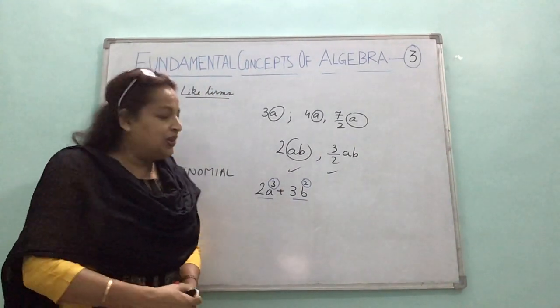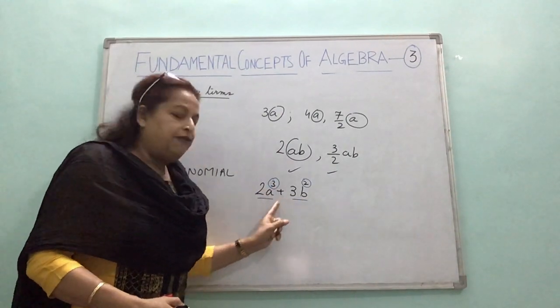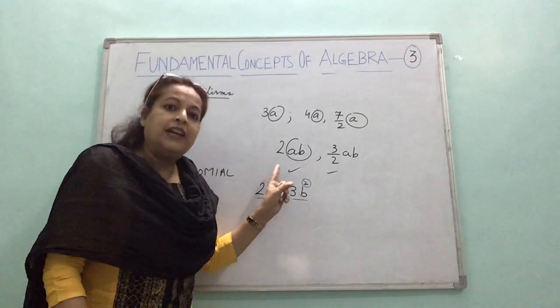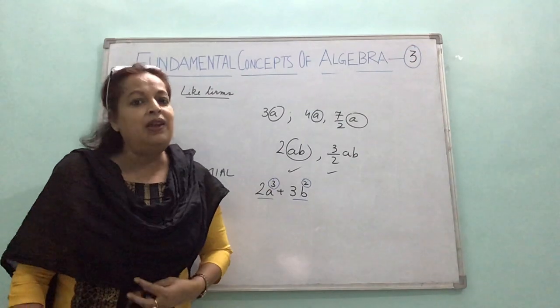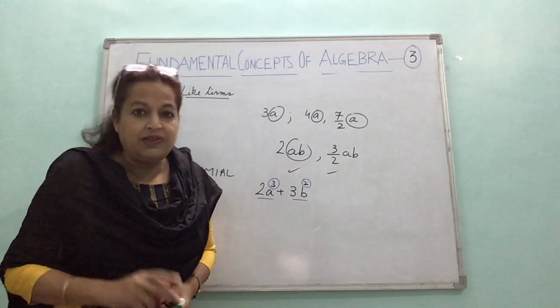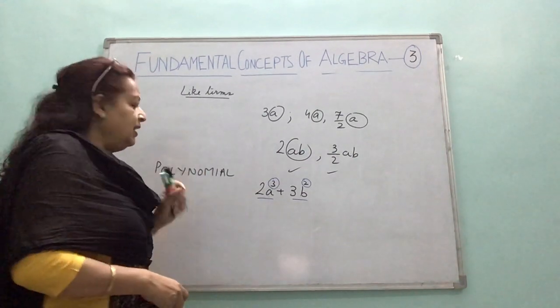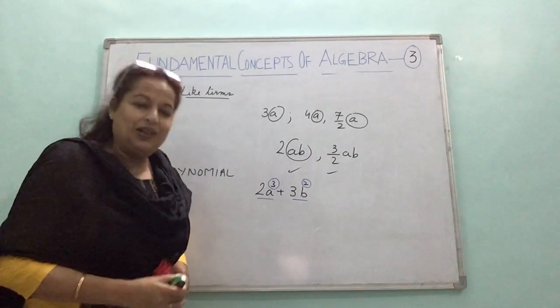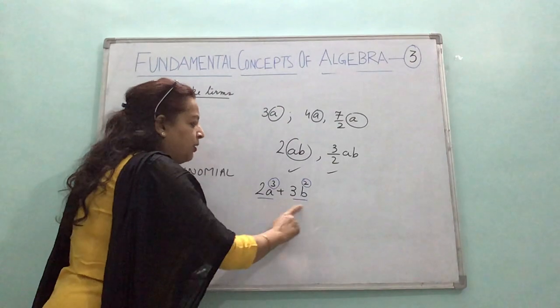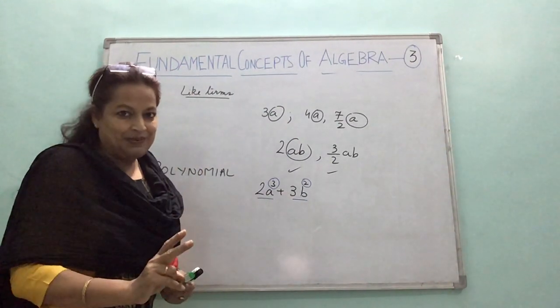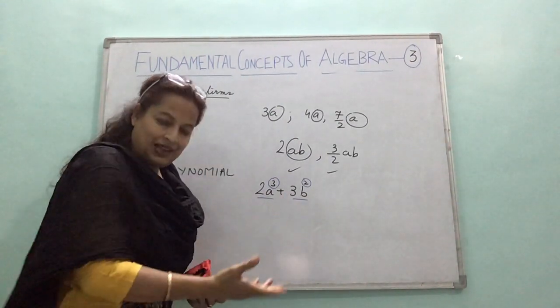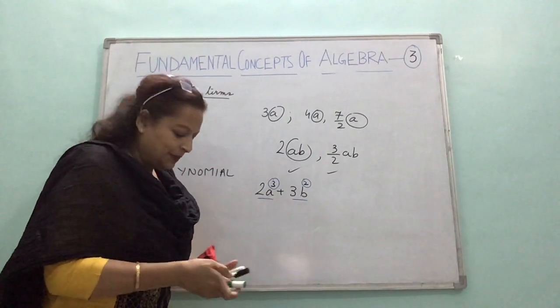If in the expression the power of the alphabet, the exponent of the alphabet, is non-negative, 0 allowed, and a minus sign is not there, then it is a polynomial. Now this polynomial has how many terms? 2 terms. Like the earlier one had 3 terms, like that.